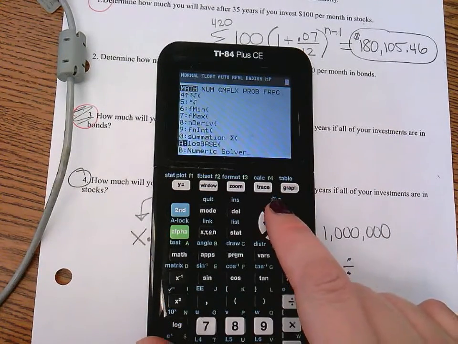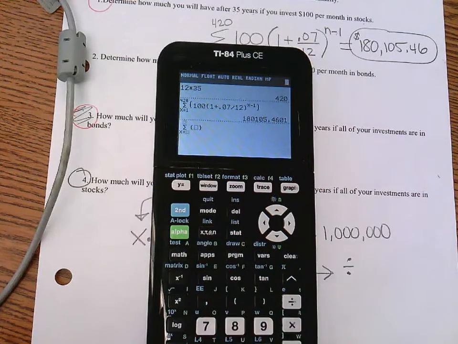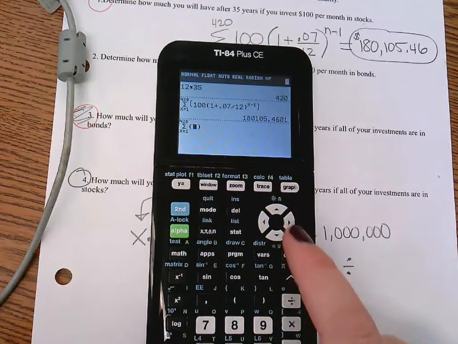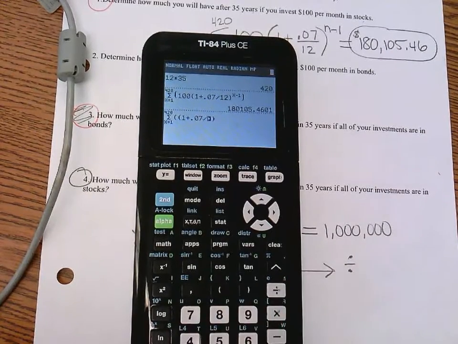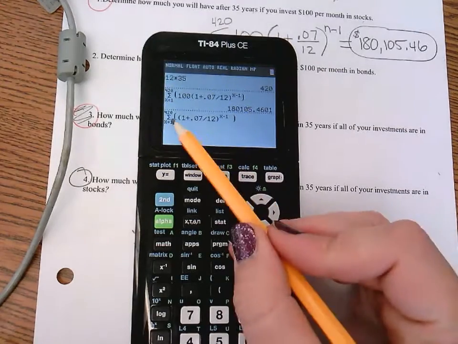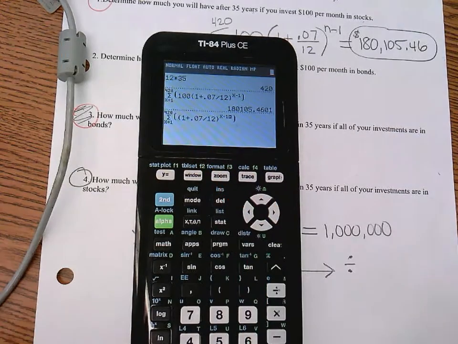So I'm going to do the summation. N goes from 1 to 420 of 1 plus 0.07 divided by 12 to the n minus 1. So I have no starting value listed. It's going to take a minute because it's doing the 420 compounds.